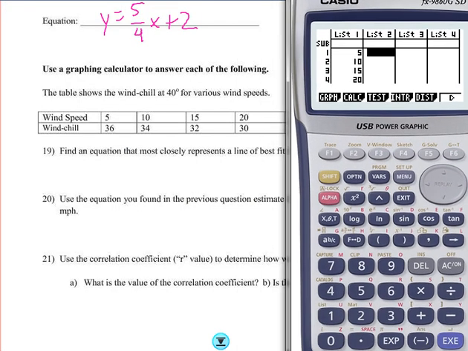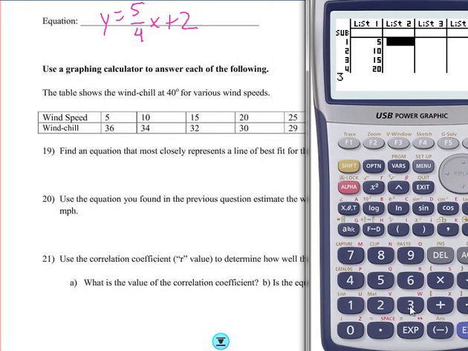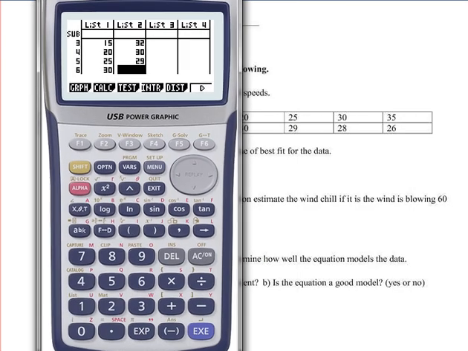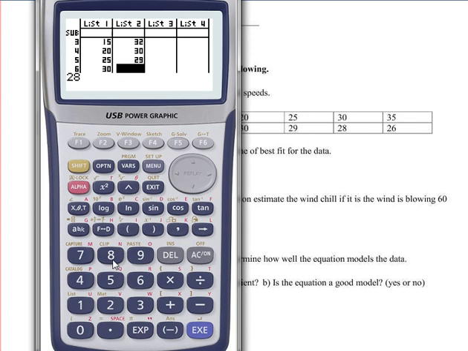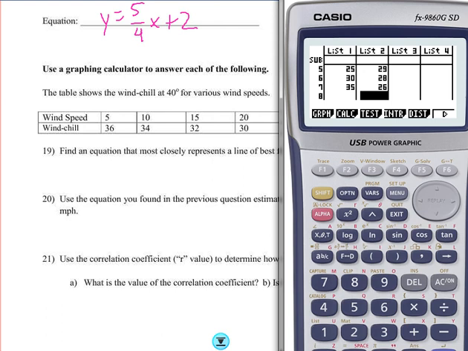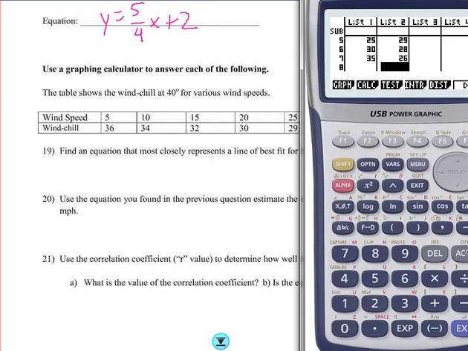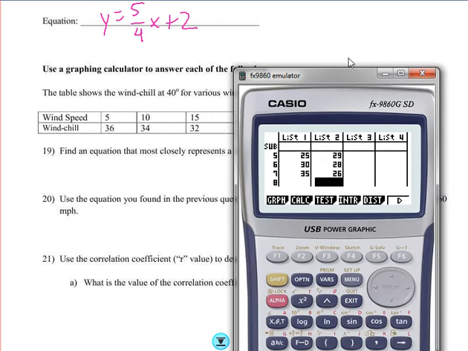The corresponding y values are 36, 34, 32, 30, 29, 28, and 26. Okay, so I've got all that in. Find the equation that most closely represents a line of best fit for the data.